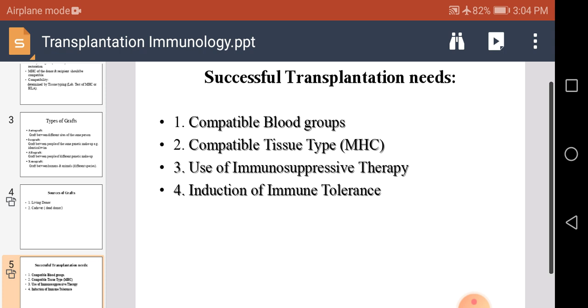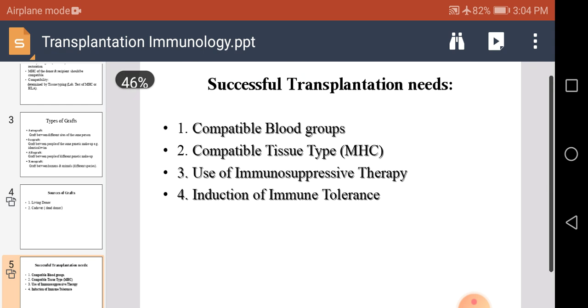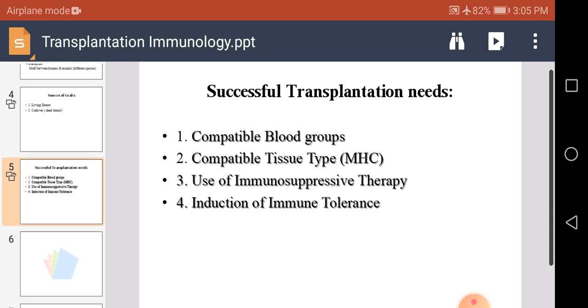As I said, for successful transplantation we need compatible blood groups and compatible tissue type by the tissue typing test for MHC, use of immunosuppressive therapy to lower the immunity, and induction of immune tolerance, so the immune system is induced to accept the foreign antigens of the transplant.